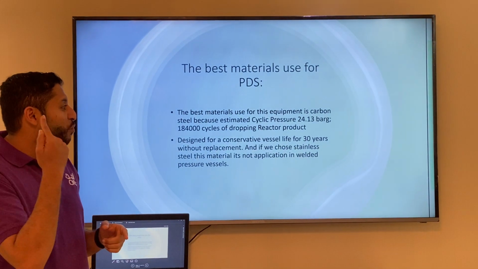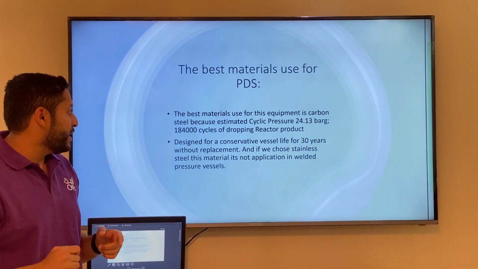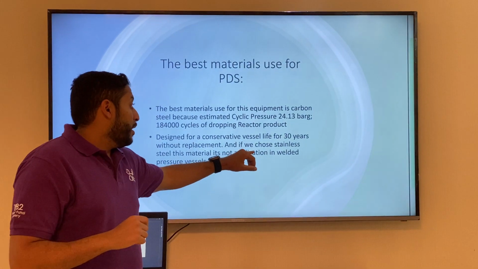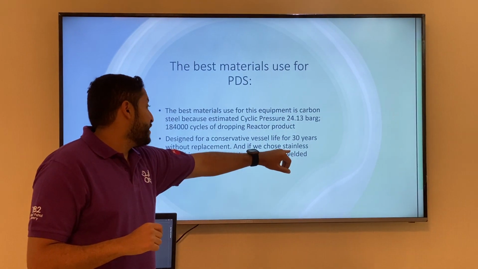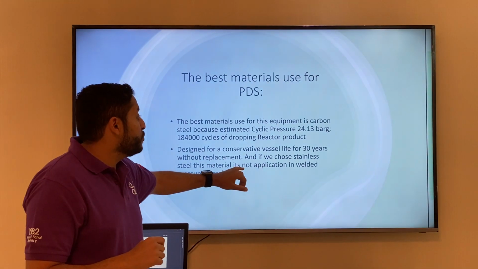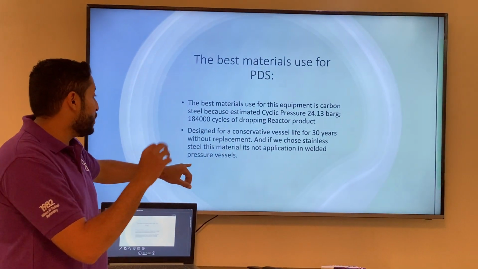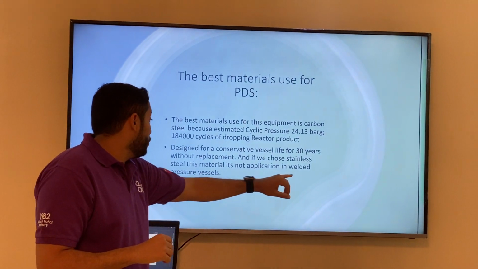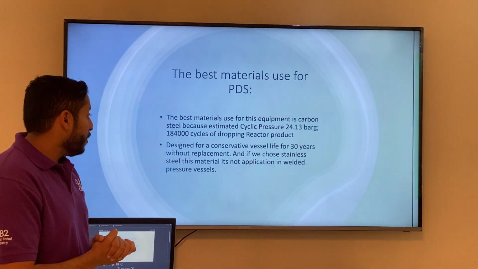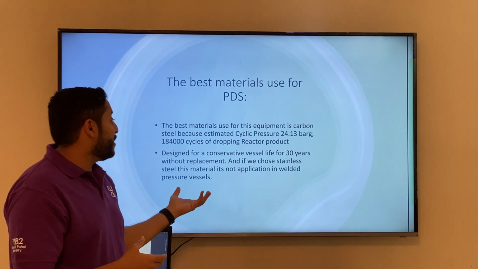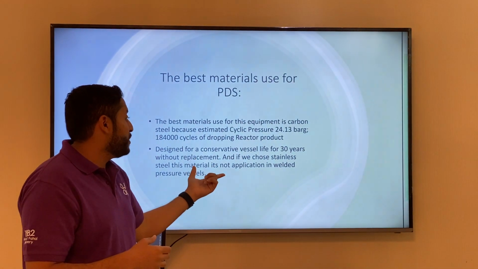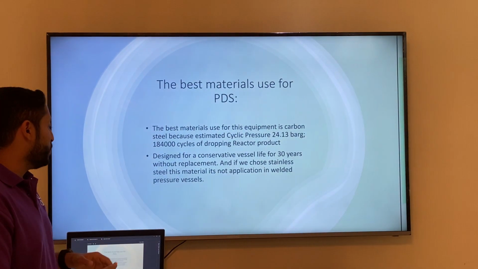But we have one point: we cannot use the stainless steel. This material is not applicable in a welded pressure vessel, like what I mentioned in this word. We need to make sure it is not applicable in a welded pressure vessel. That is why we cannot use stainless steel.